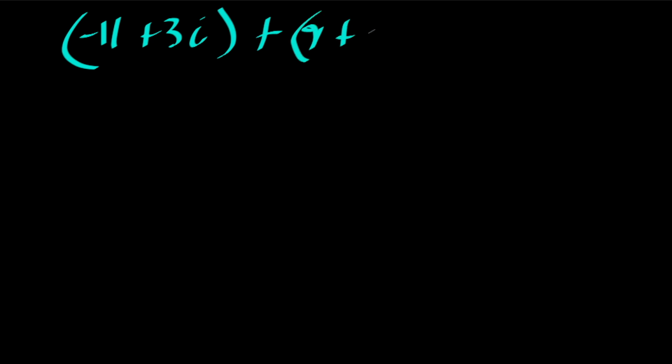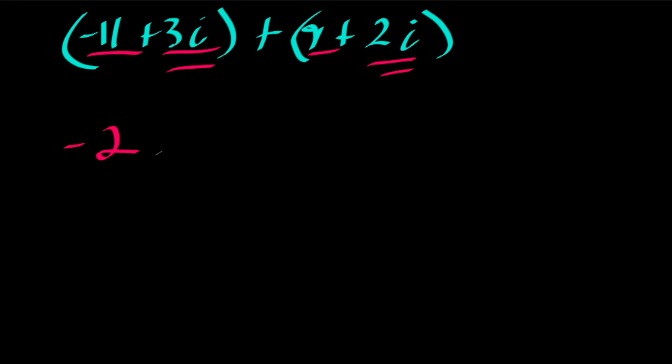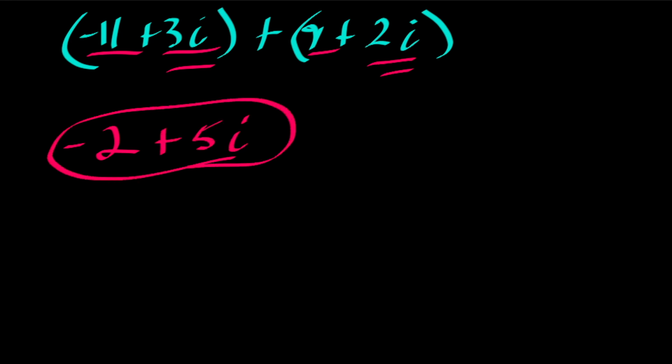Let's say we have negative 11 plus 3i, and we're adding that with 9 plus 2i. As long as we're adding in between these two parentheses, all we're doing here is combining like terms. So negative 11 plus 9 is negative 2. 3i plus 2i is plus 5i, and there's my answer.